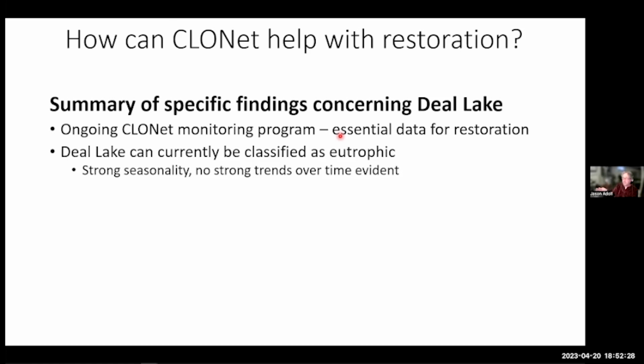Deal Lake currently would be classified as eutrophic by common trophic state indices. I do not see trends in the 4-year data, but as an ecologist, I've got to say 4 years is not a lot of time to see a trend in something like this. But we do see very strong seasonality.